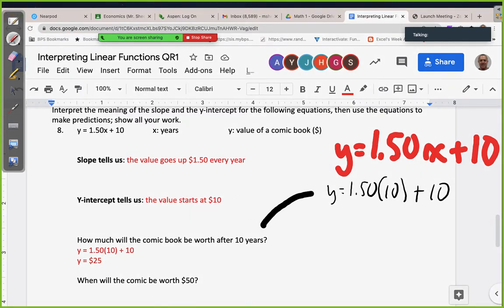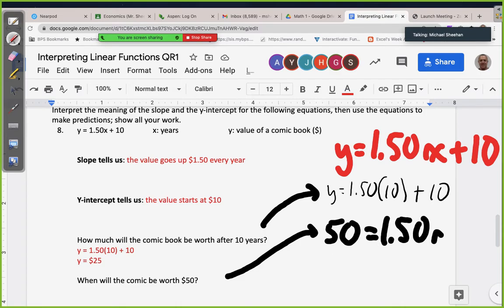All right, so that's what this one looks like. This one, $50. Dollars is Y, so the 50 is going to go right here. So this one is going to look like this: 50 equals $1.50x plus 10.